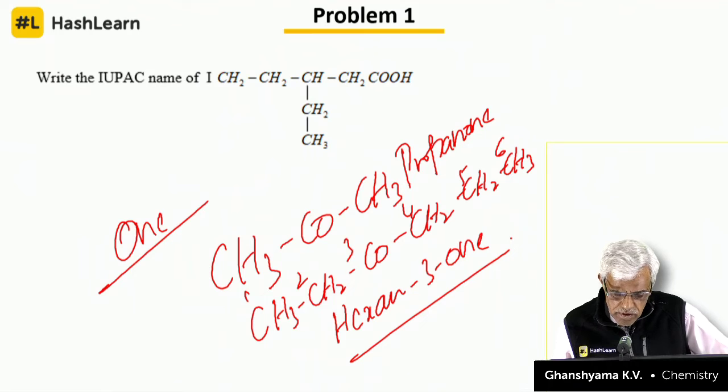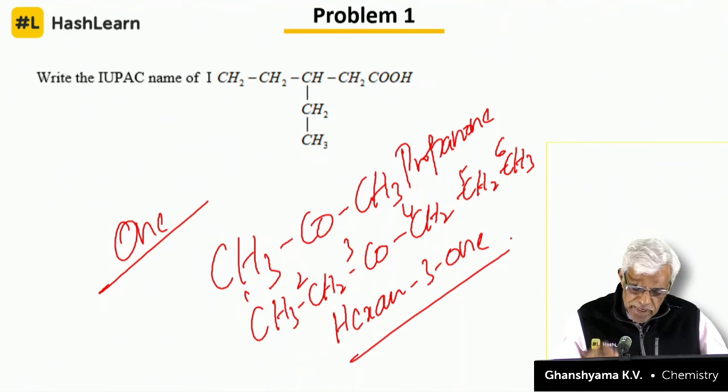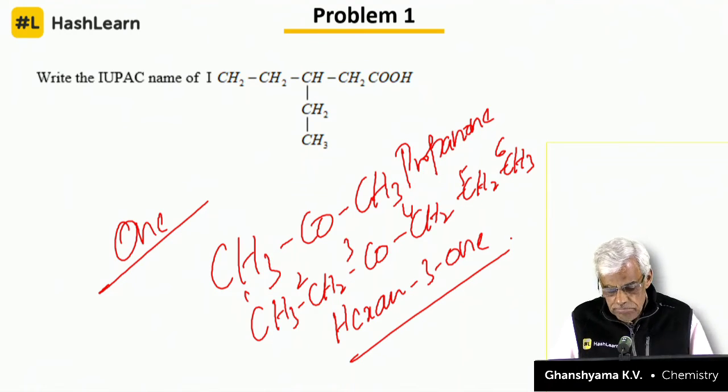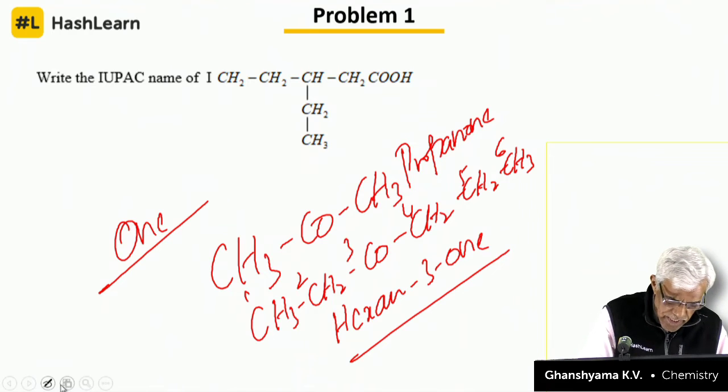From pentanone onwards, you should write the number 1, 2, 3, etc. Up to that, it is okay.